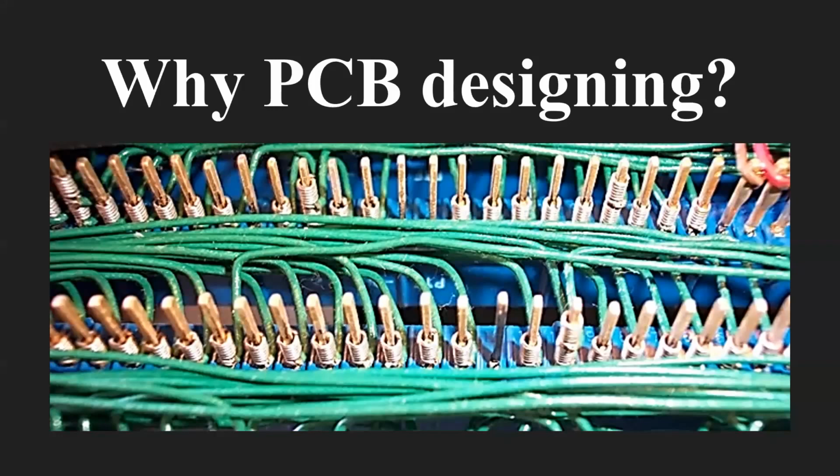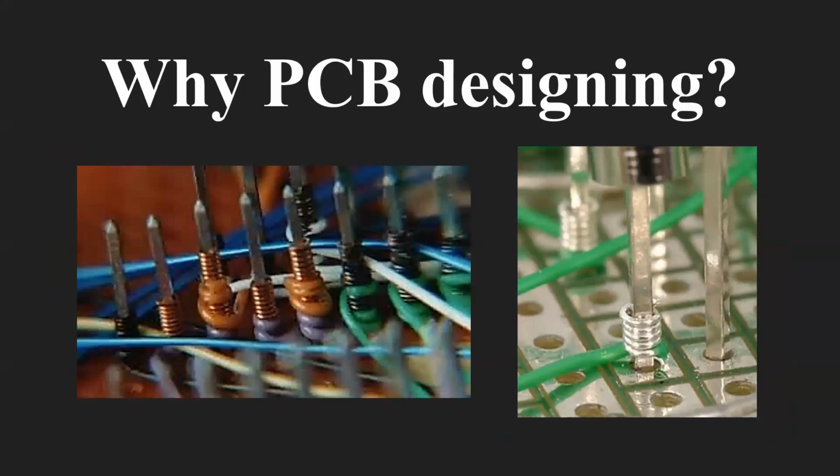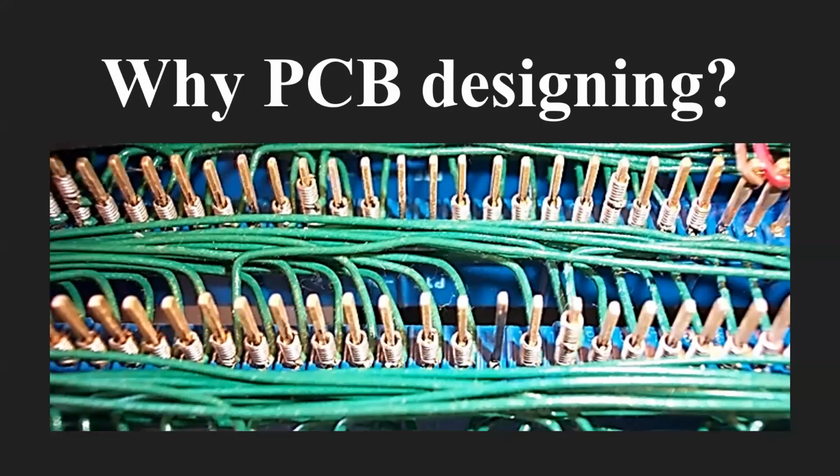So in the early 1960s, telephone crossbar switches, as shown in this picture and in this picture, used a technique named the wrap wiring technique. In this technique, a wire is wrapped over a small gauge, as shown in this figure.